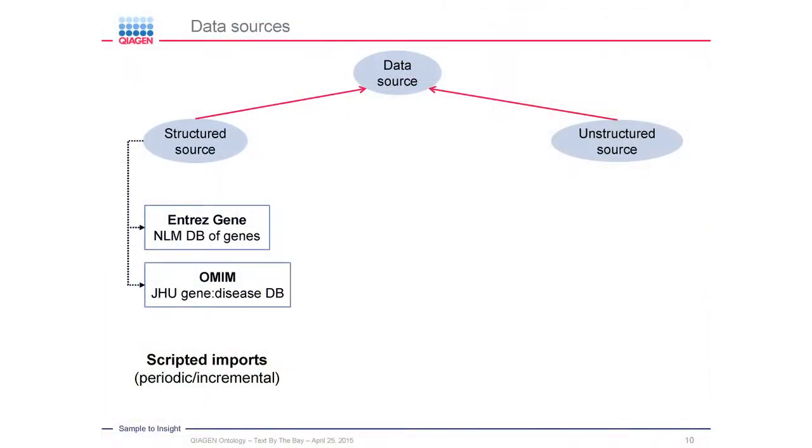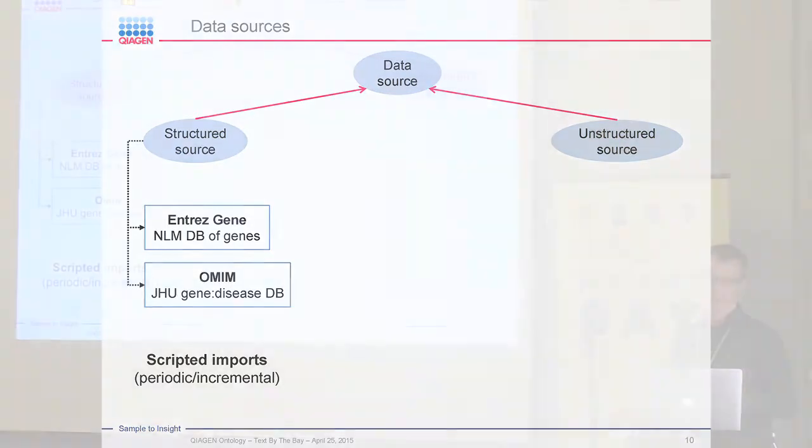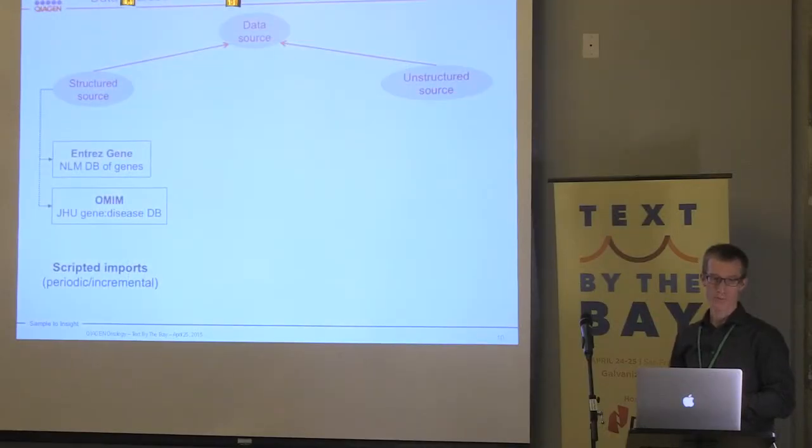So some examples of what we consider to be adequately and accurately structured sources are Entrez Gene and OMIM. Entrez Gene is the National Library of Medicine's database of genes. We focus largely on human genes, although not entirely. But it is a resource that covers many organisms.